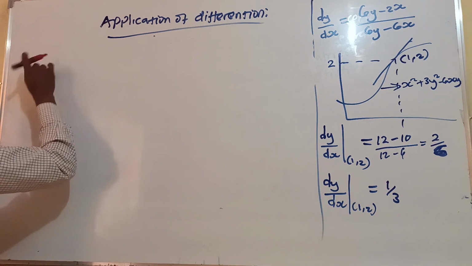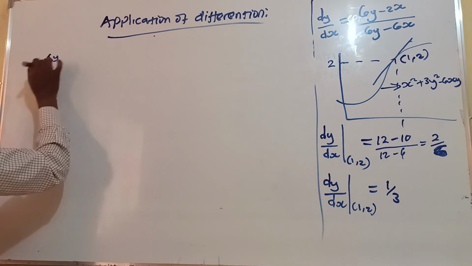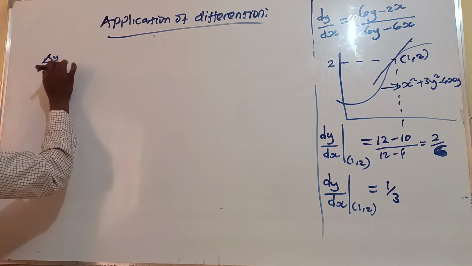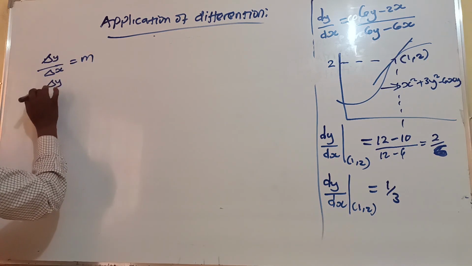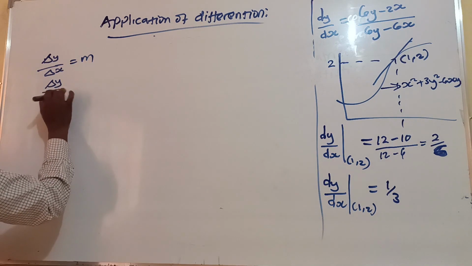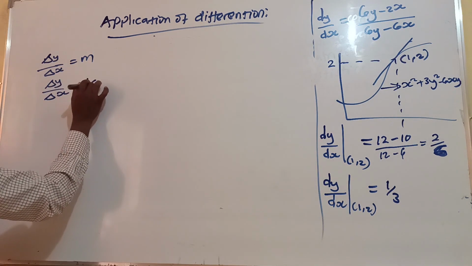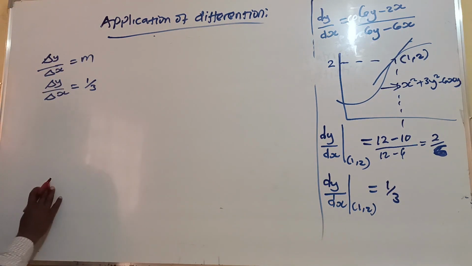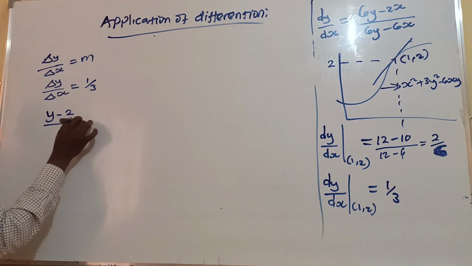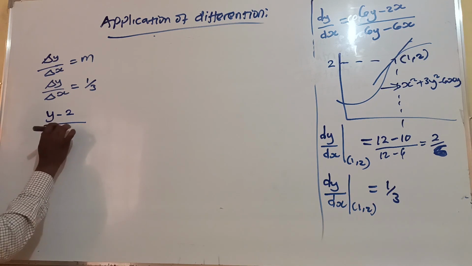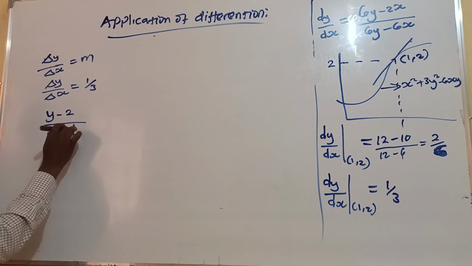So you can say the gradient, change in y over change in x, which is m. We already have that. Change in y over change in x is equal to that. If we now take a general point, we can find the equation of the curve, whereby we can say (y minus 2) over (x minus 1).